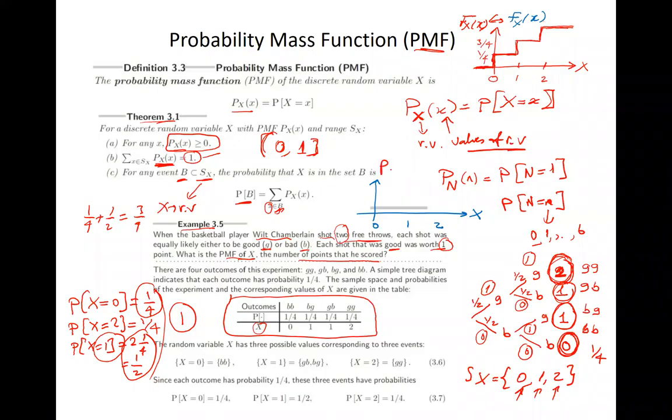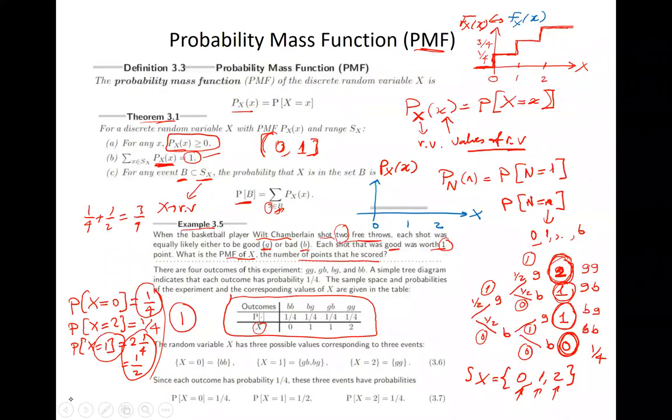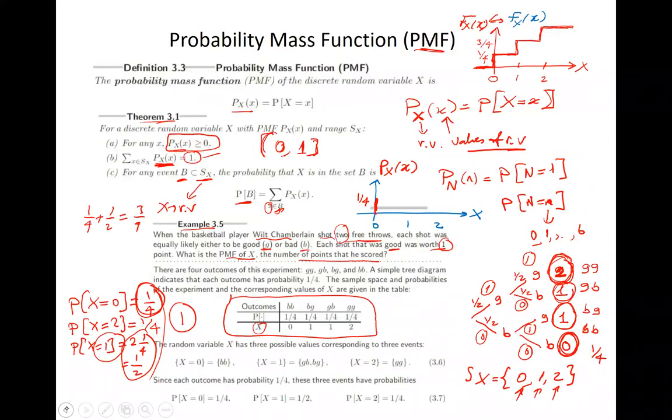So here is our Px of x. We have already determined this. So for 0, it's 1 over 4. For 1, I don't know what is happening, but it's switched between the slides. So for 1, it is 1 over 2. And for 2, again, 1 over 4.